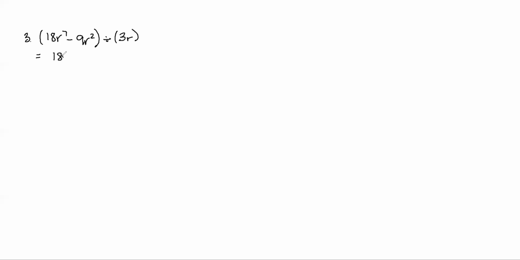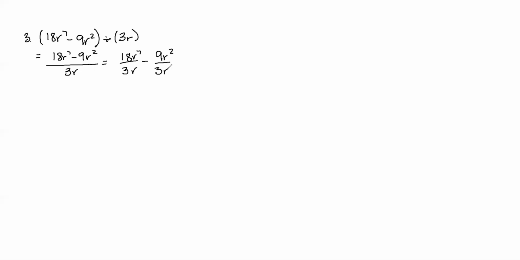So 18r to the 7th minus 9r squared all over 3r. And then I'll split this up. So we have 18r to the 7th over 3r. And now for this one, notice it's a minus. So we want to put minus 9r squared over 3r.